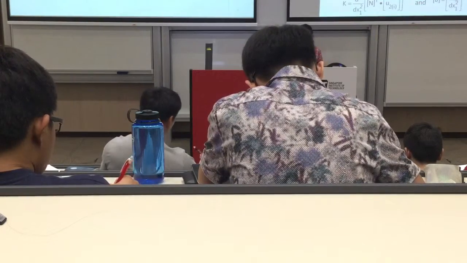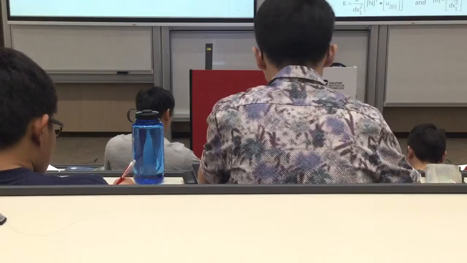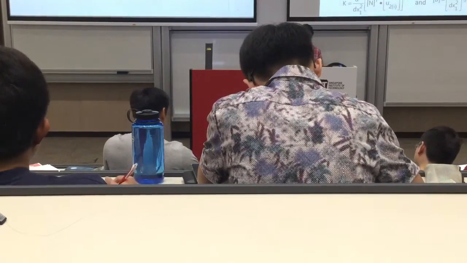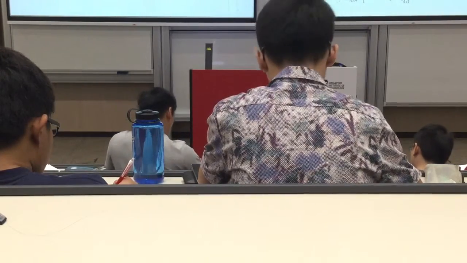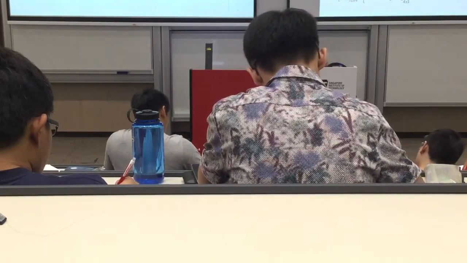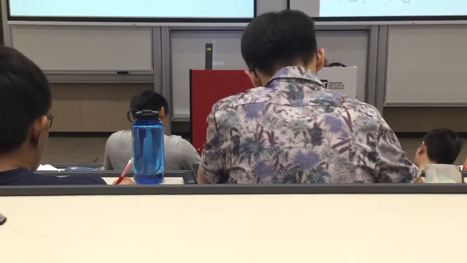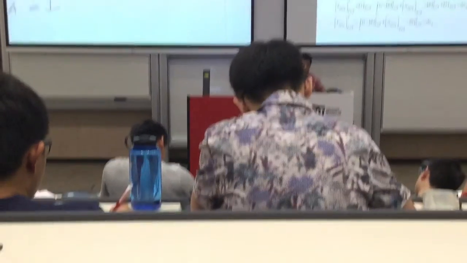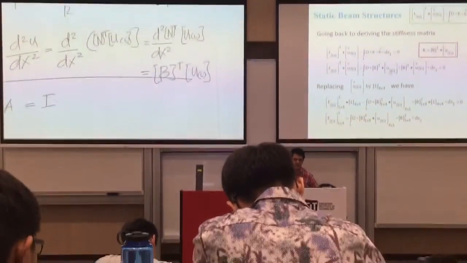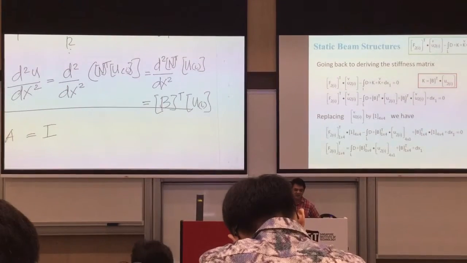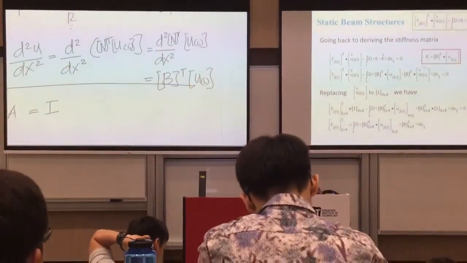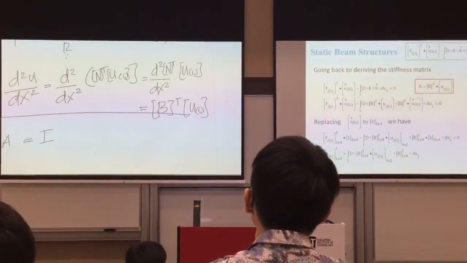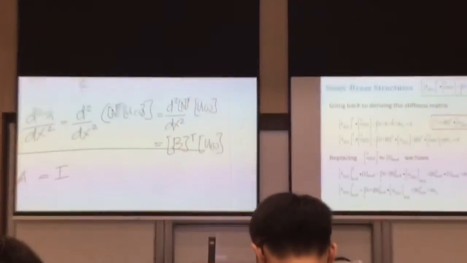B is the second derivative of your shape function with respect to x. So you have this notes anyway, just try to follow. So this K now is equal to that B transpose UI, U2 because it's transverse, and this now is B transpose multiplied by that virtual displacement. So like I said, your virtual displacement is a simple identity matrix.